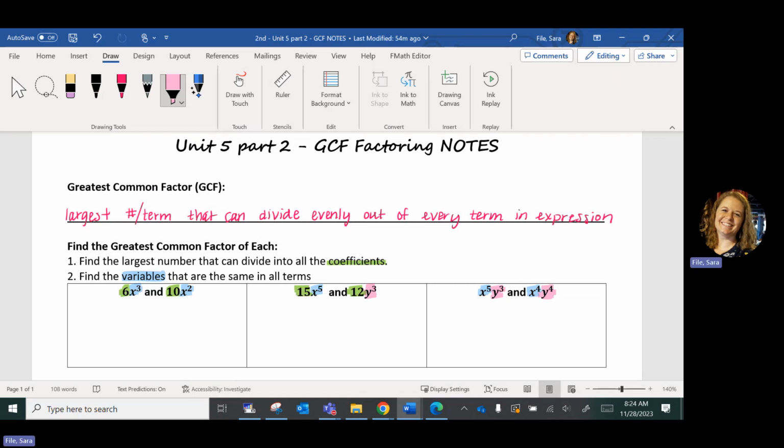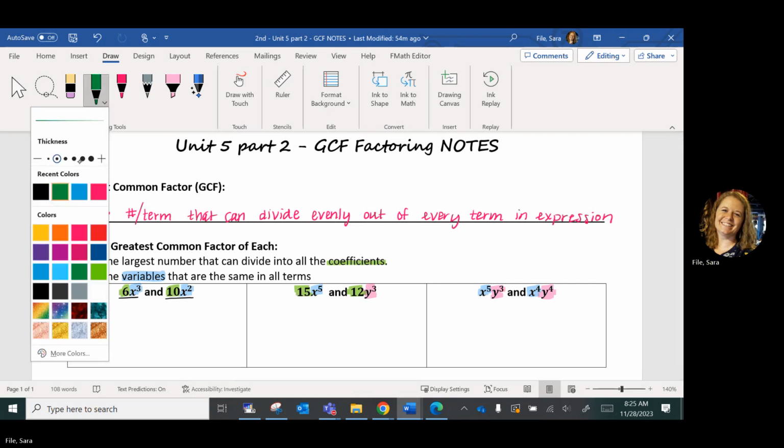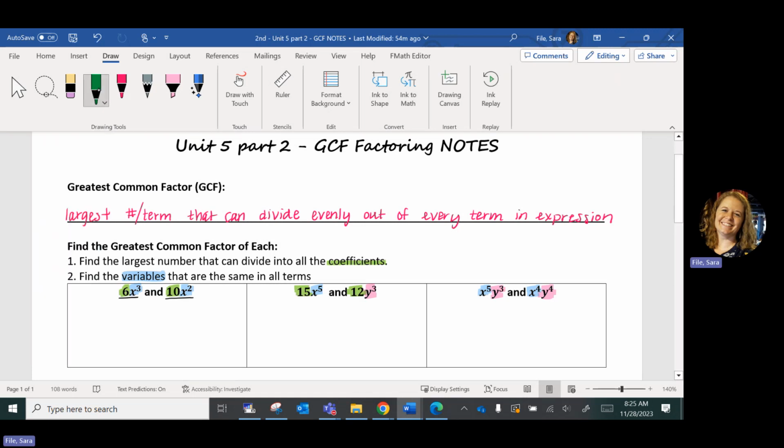All right. So I'm asking myself, what can I actually divide both 6 and 10 by? What if you need to list them out? List out the factors. I asked you the factors of 6. You told me 1, 6, 2, and 3.